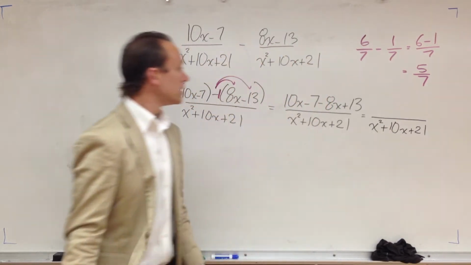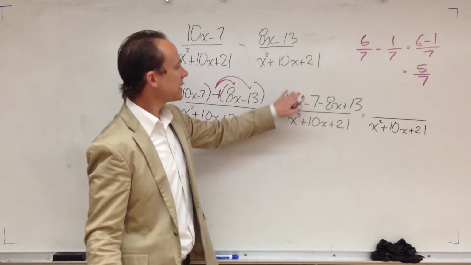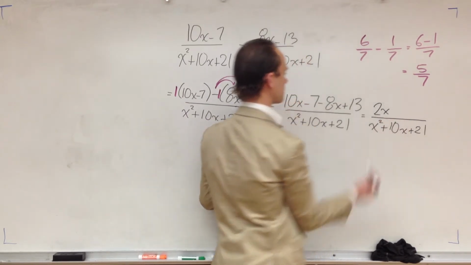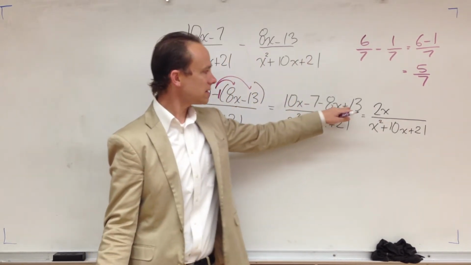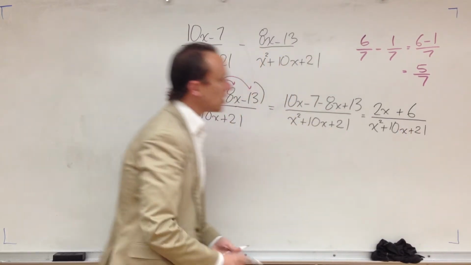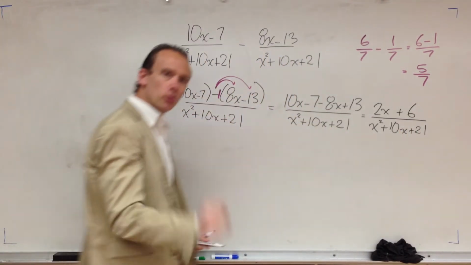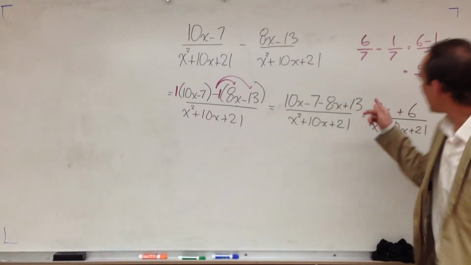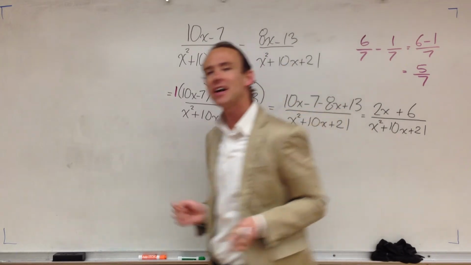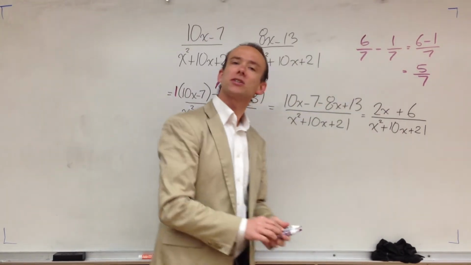All right, let's combine like terms. I got a 10x minus an 8x gives me 2x, and negative 7 plus 13 gives me plus 6. Now my numerator is simplified. I've combined like terms. Now I have to simplify this whole rational expression.